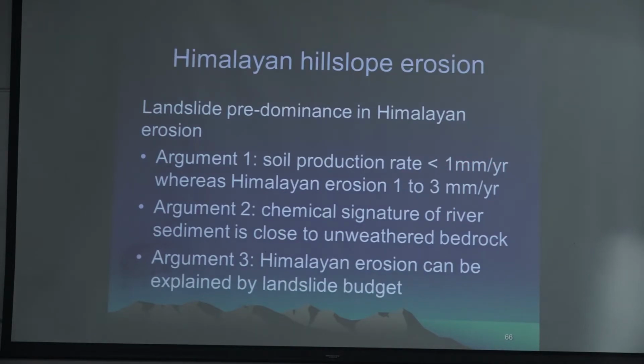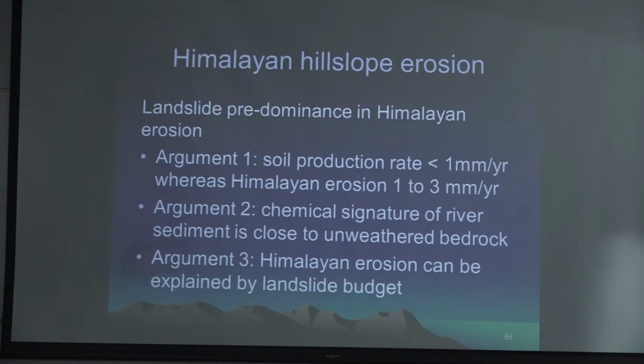We saw on the crest of the Kali Valley that it's probably, from beryllium-10, around 0.01 to 0.1 millimeter per year. So the soil production rate is not fast enough to produce fine material to be transported by diffusional processes. So the only process that can remove a denudation rate of 1 to 3 millimeters per year is landslides, or deep-seated landslides.